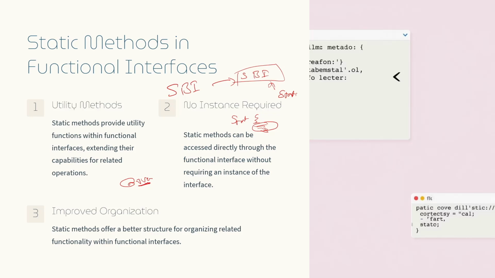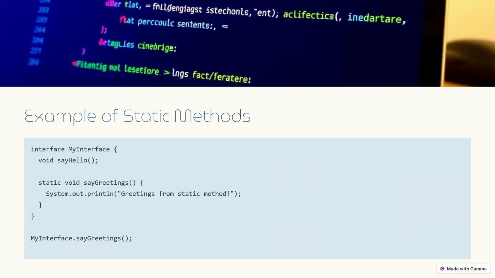Overriding is not allowed for static methods. If you want, you can use it; if you don't want, you don't need to use it. Static methods you cannot override, you cannot customize. Get it? That is the usage of static methods in functional interfaces.